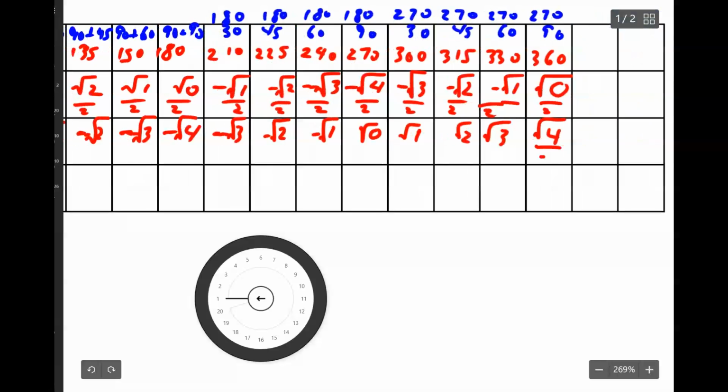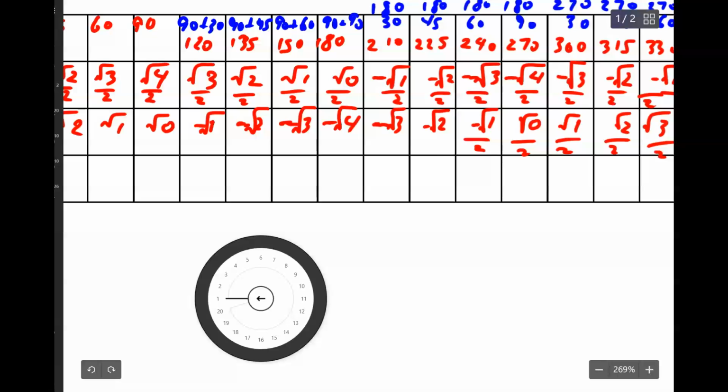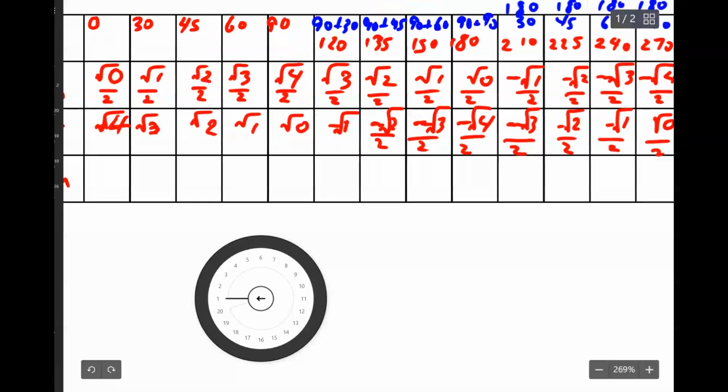Oops. And then you put divided by 2 here. And then after you finish this, you essentially are done with sine and cosine. You just have not simplified.